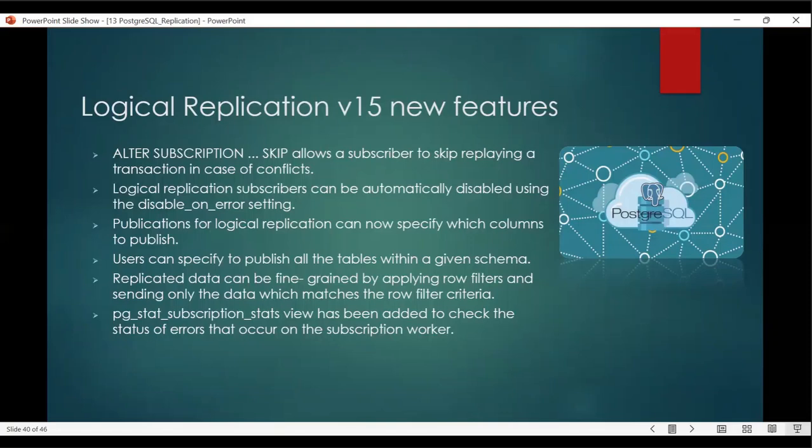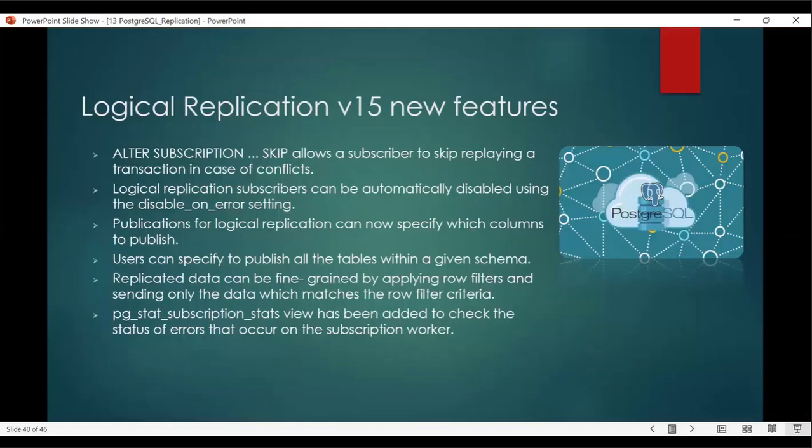And they have introduced one more new dictionary view called pg_stat_subscription_stats, which is very useful. From this you can check the status, like whether you have any errors in the subscription. Previously, if your subscriber was failing, you had to check the alert log.